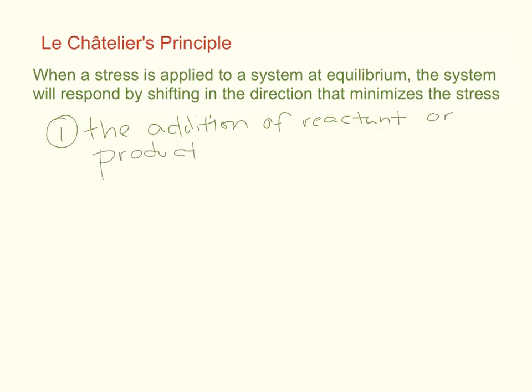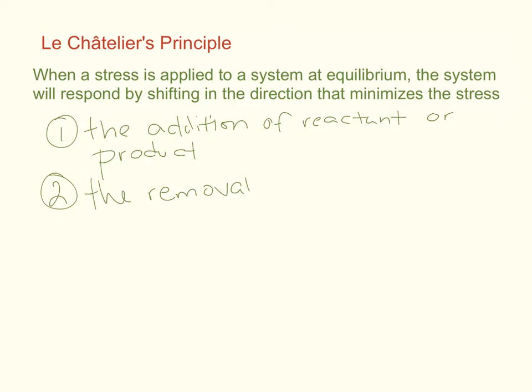And this is to say, if we physically add more of either reactant or product to the system, it will affect the equilibrium. Another one, on the flip side of that, is the removal of reactant or product, which will also result in a shift in the equilibrium in order to reduce the stress of that removal.